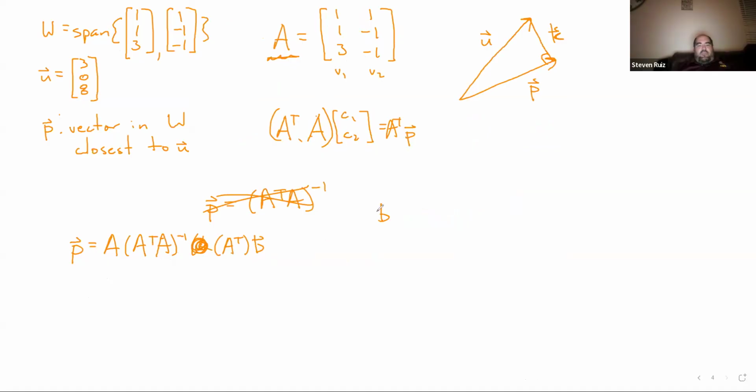So in this case, B will be 308. So you should be able to enter matrix A into your calculator, do all these other manipulations to it, and get a vector P that is reasonably close to B.